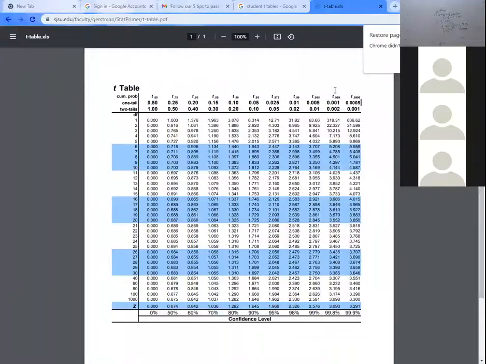But assuming he doesn't give it to you, I'll go for 2 tails, because mine here is 2 tails. The 2 tails total is 0.05, or if you look at only one tail, it is 0.025. So if you take 0.05 and divide by 2, it's one and the same.